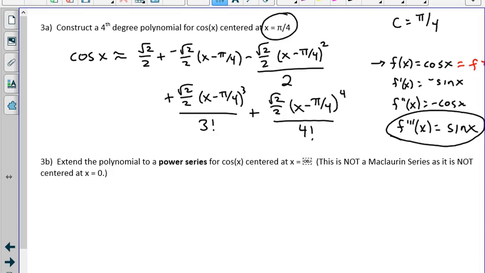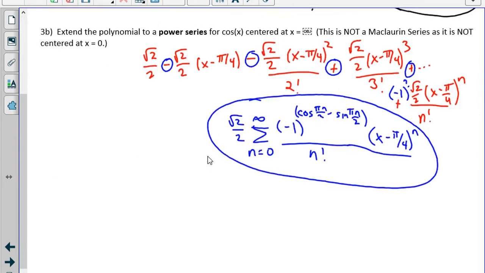Whereas when I did the sine calculation centered at 0, it converged for all values of x, and it was a really clean function. So there's probably not a need to do this one centered at pi over 4. It makes all of these more complicated. And there are a ton more terms because cosine and sine are both non-zero values all the time at pi over 4. So this actually kind of becomes a little bit annoying.